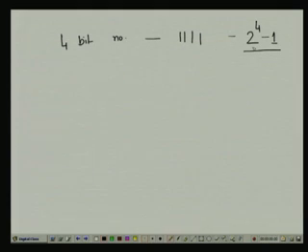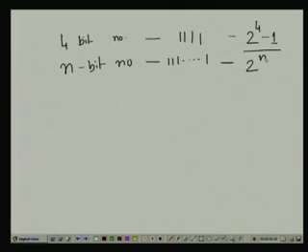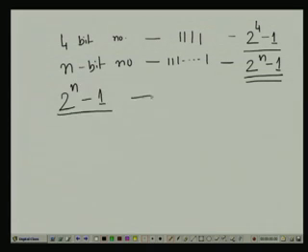So, this is actually 15. In general, if it is an n-bit number, then this n number of ones means 2 to the power n minus 1, which gives all n-bit ones, and this 2 to the power n minus 1 we define as a ones complement.